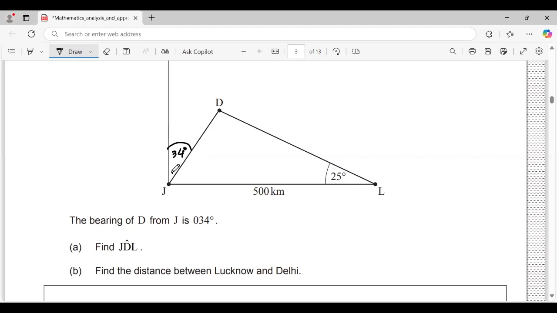And if this angle is a right angle, we can calculate this angle, sorry, DJL.